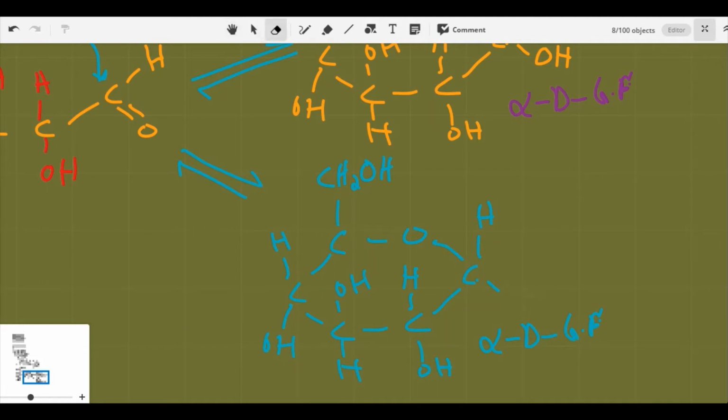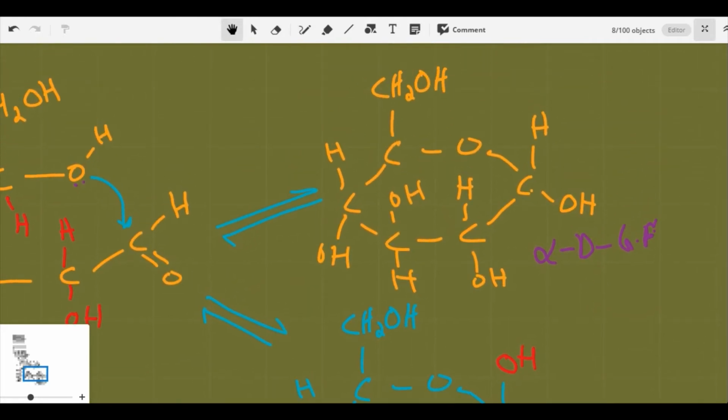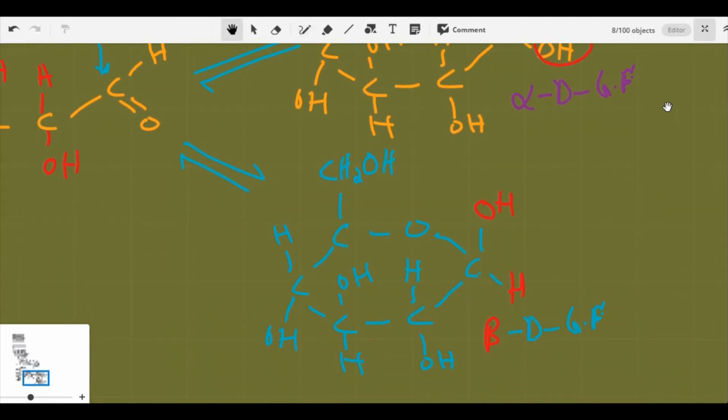Now in this case, the hydroxyl group is present on the above side and hydrogen is present on the below side. So that will be beta D glucopyranose. You can see here the OH group is present on the downside in the alpha form, and here it is on the upside.